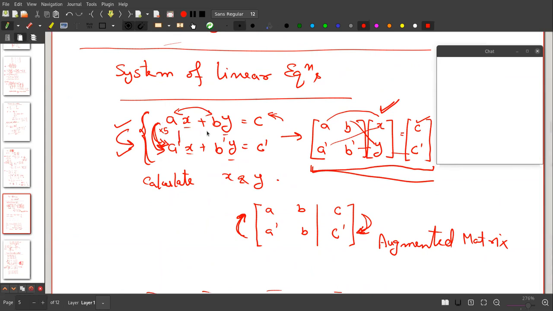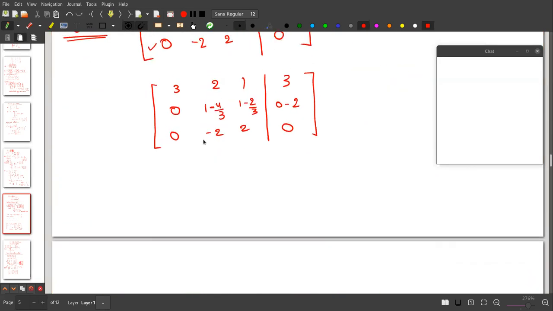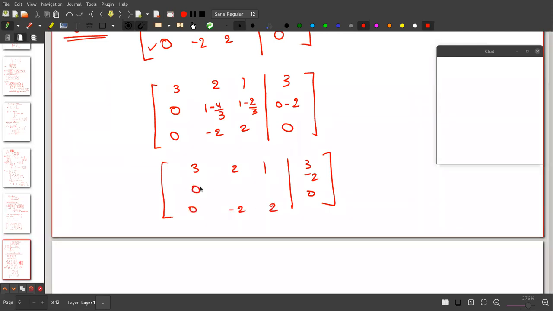We can do all the row operations here, but column operations are not permitted. Now let's write the proper form. The first row will be 3 2 1, then 3, minus 2 and 0. The second row will be 0, minus 1 by 3, 1 by 3.